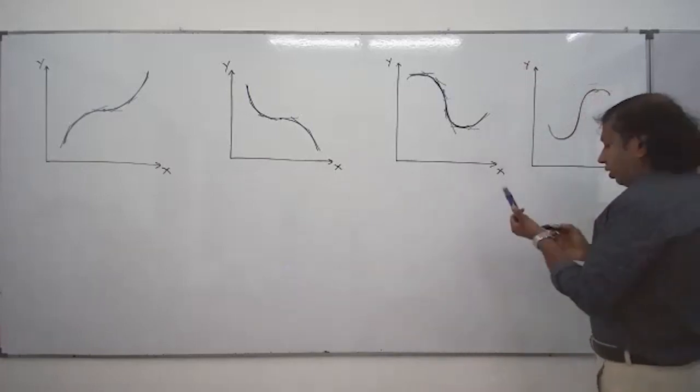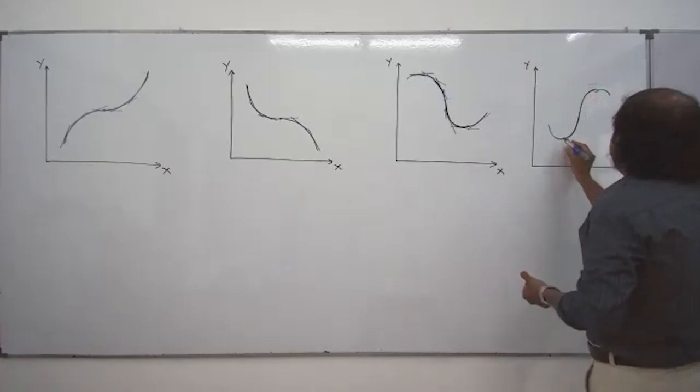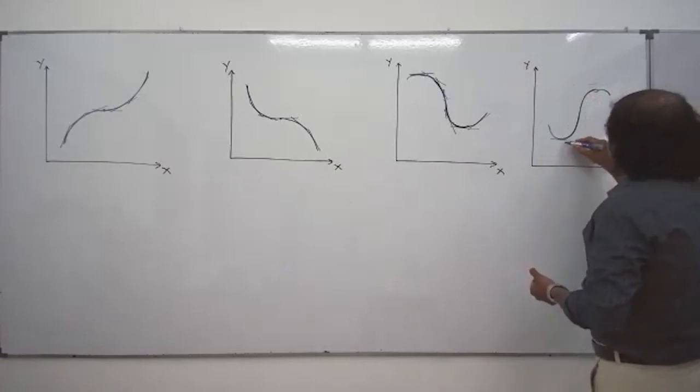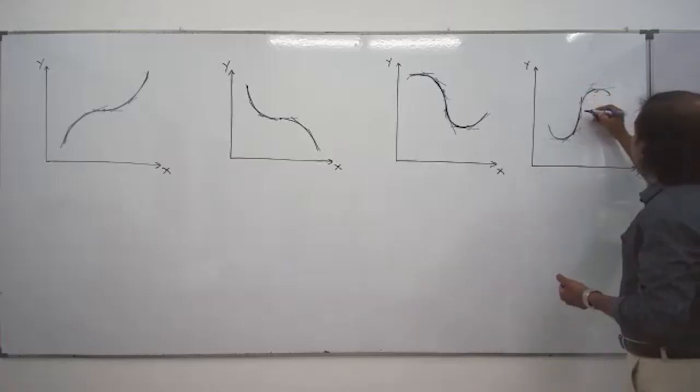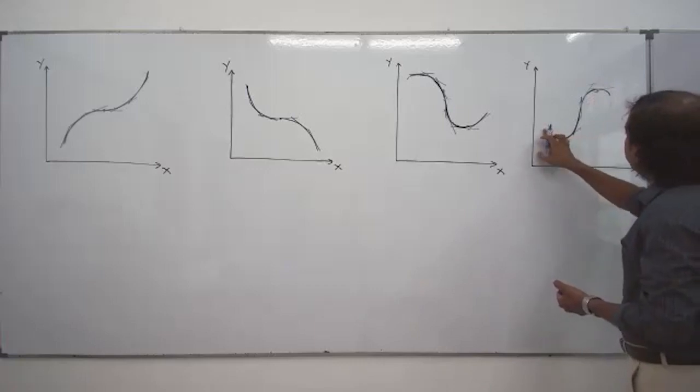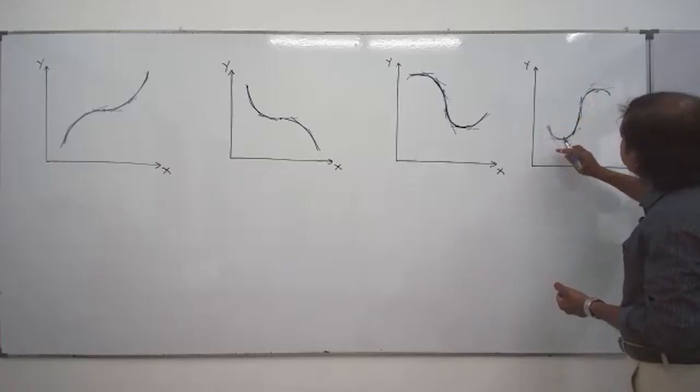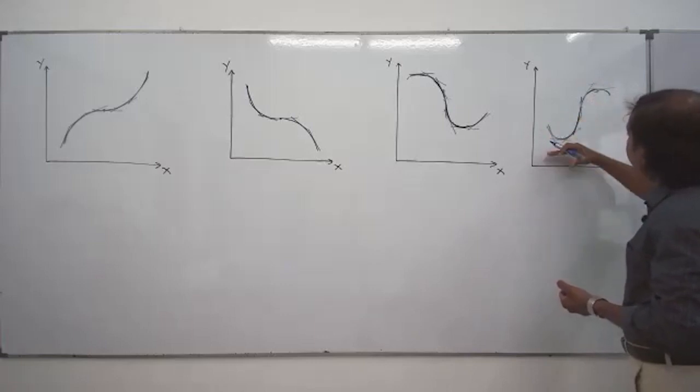When we consider this graph, see here again, when we keep drawing the tangents like this, you can see from this end to here, the graph lies above the tangents.